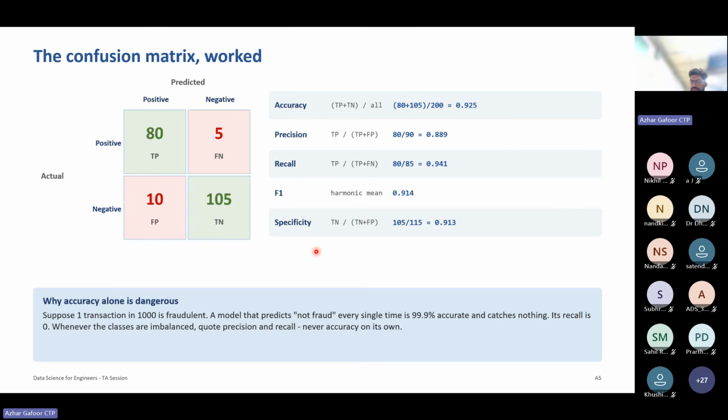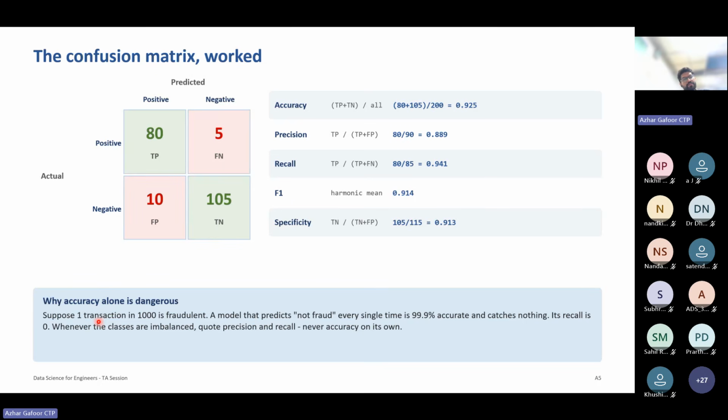If you look at all these metrics, accuracy takes in all the values and gives a metric. But why is it not advised to look only at accuracy?